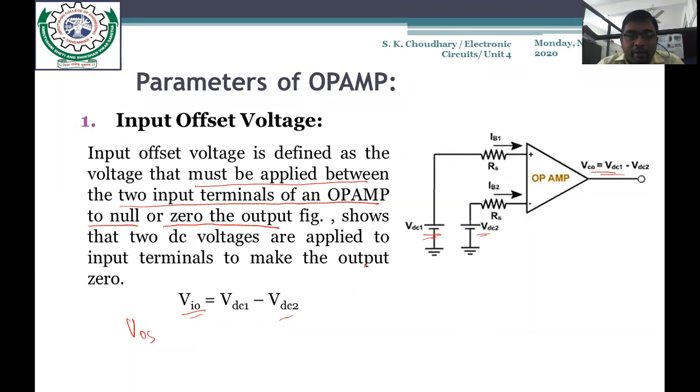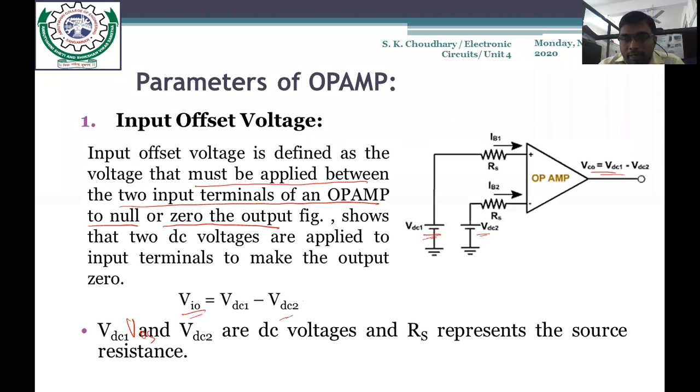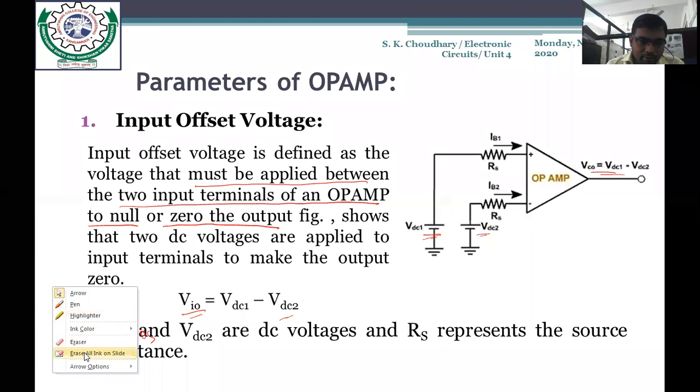Now come to the second parameter. I hope all of you have drawn this diagram. Please draw this diagram. I will give you 30 seconds for this.